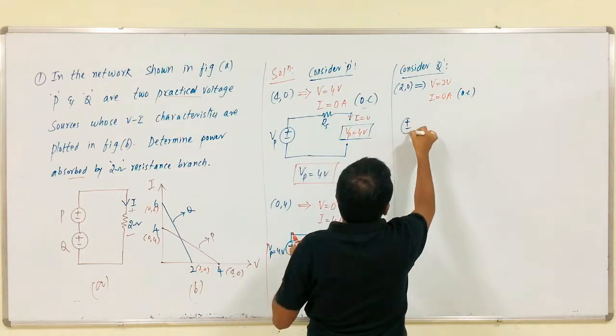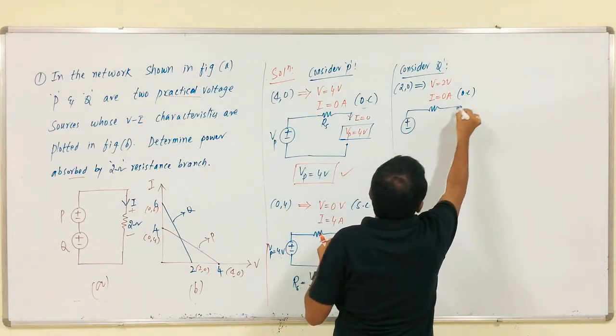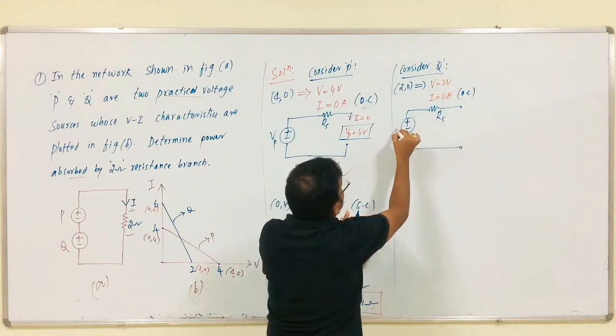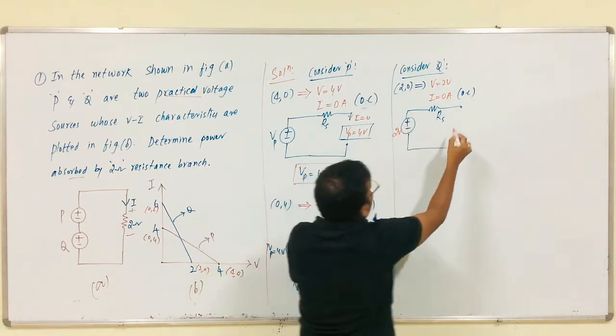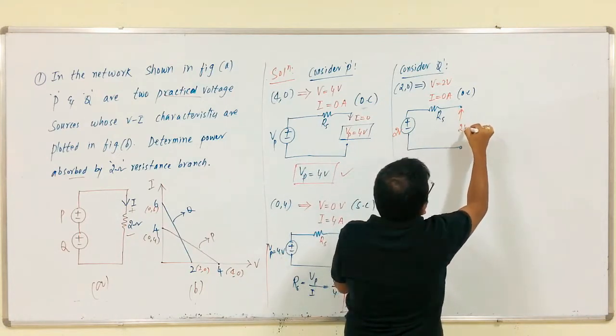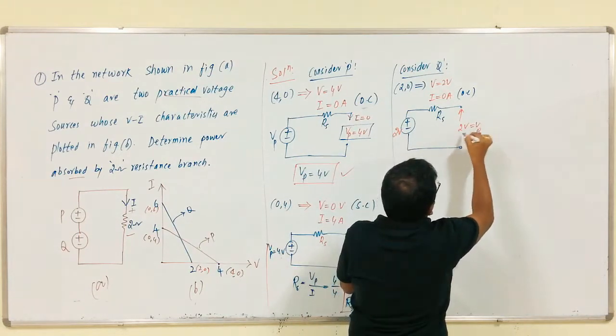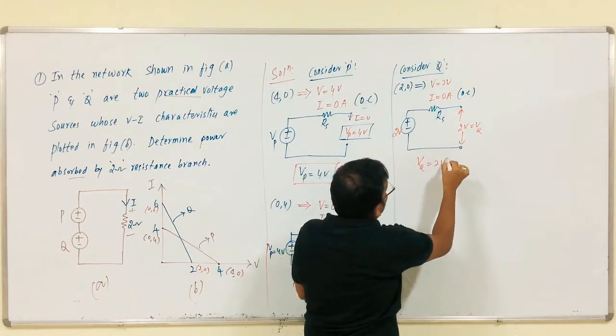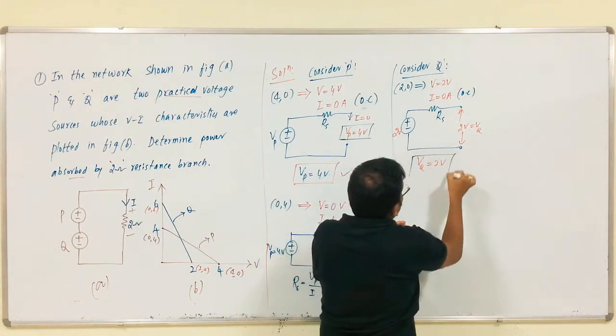Therefore, the circuit becomes, so this is RS, this is 2 volts, obviously this is also 2 volts, which is equal to VQ. So, from this VQ is equal to 2 volts, simple.